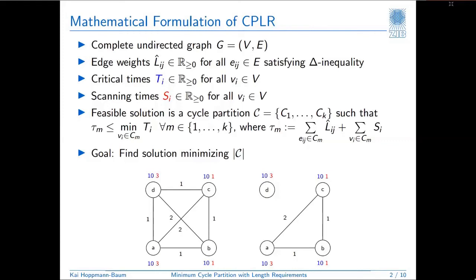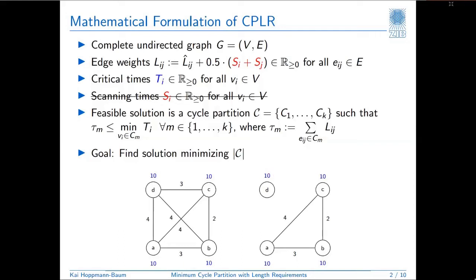What you can do now to simplify the problem description is to put the scanning times into the edge weights. So we redefine the edge weights. We say the edge weight is now the original edge weight plus half the scanning time of vertex i and half the scanning time of vertex j. And then this would look like this.